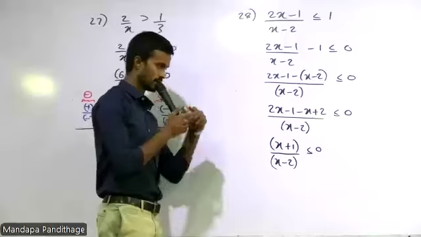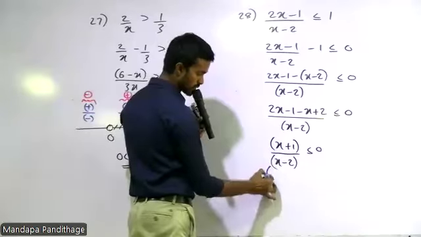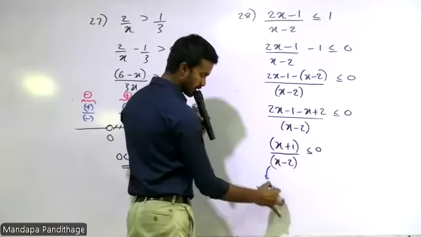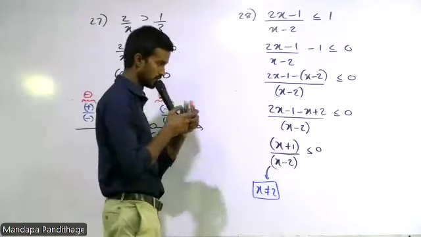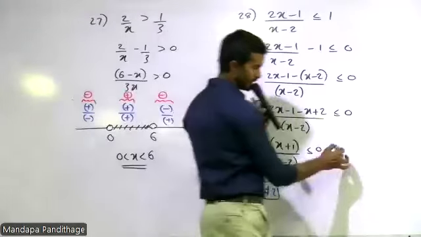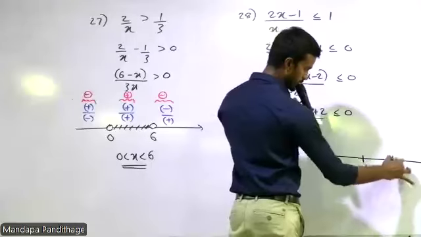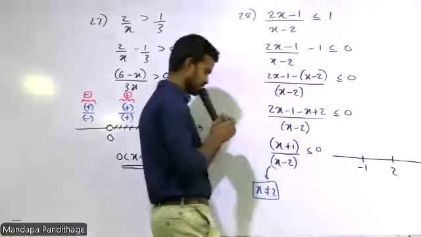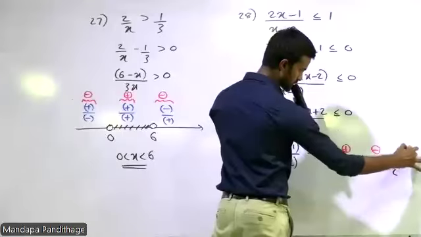Again, when there is a denominator, make sure that the denominator can't be 0, so you have to exclude that value in your final answer. Take the number line, minus 1 and plus 2. I'll write the answer directly: in this range it becomes plus, this is minus and this is plus.